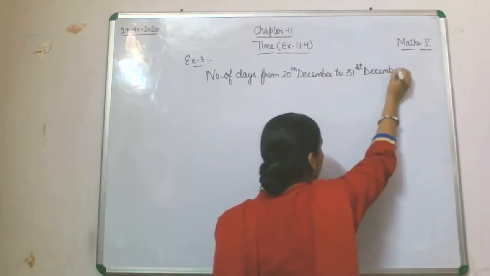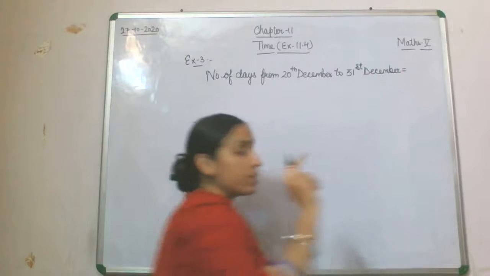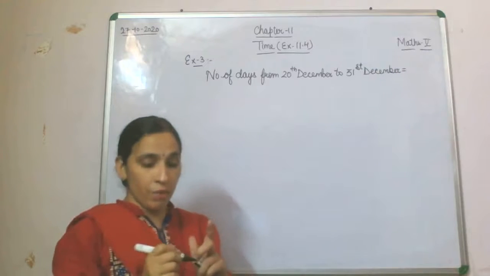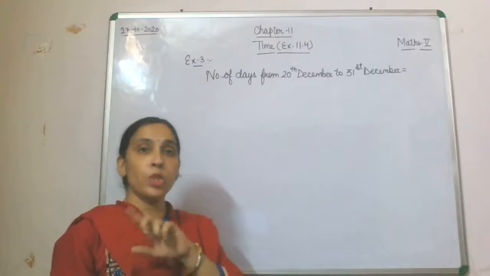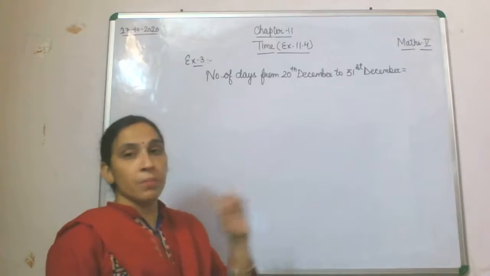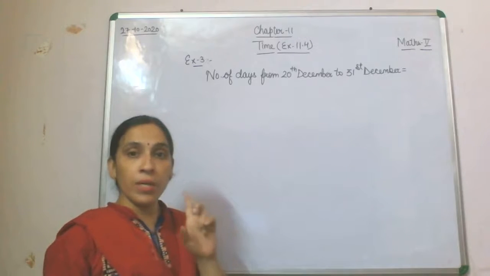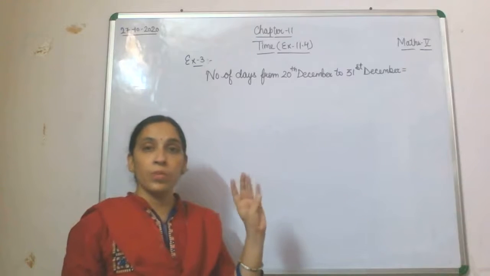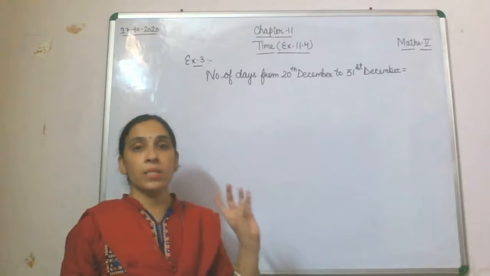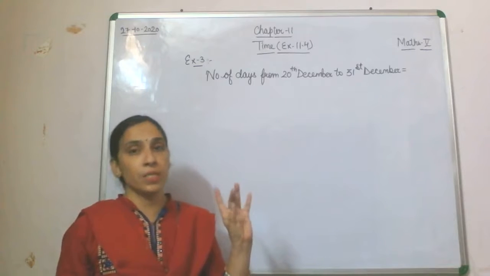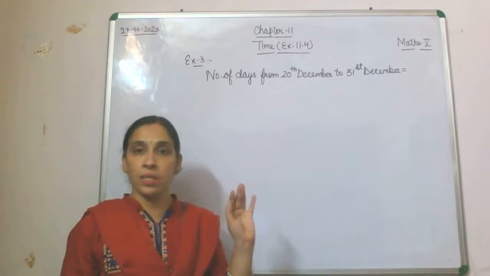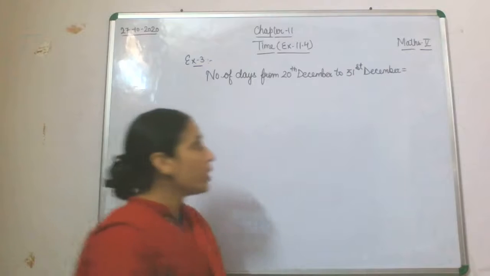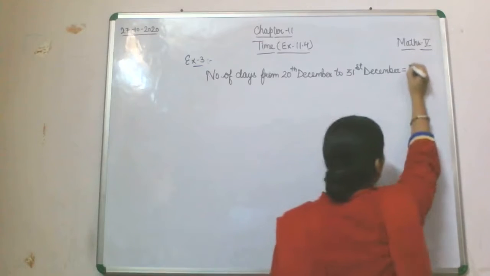The month of December contains 31 days, and from 20th December to 31st December you are going to include it. Here you include 20 also. So 20, 21, 22, 23, 24, 25, 26, 27, 28, 29, 30, 31. So the number of days will be 12.